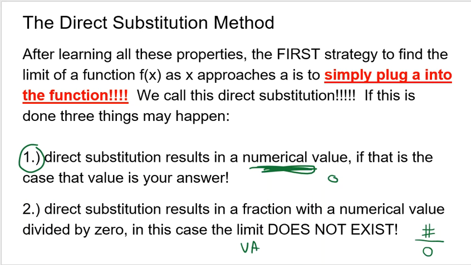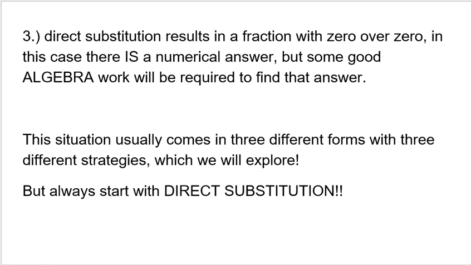Pretty simple. Now, the third thing that can happen is where you're going to have some work ahead of you. If you use direct substitution and the result is a fraction with a 0 on the numerator and a 0 in the denominator, then, oh boy, first, this means there is an answer. The limit does exist, but we're going to have to do some good algebra work to find that answer.